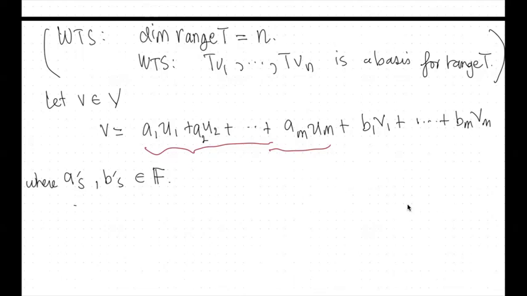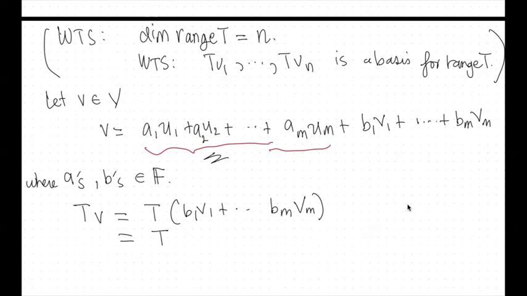So we get T of V. This part here is 0, as I remarked. So this is just T of this part here, T of B1 V1 up to BN VN.